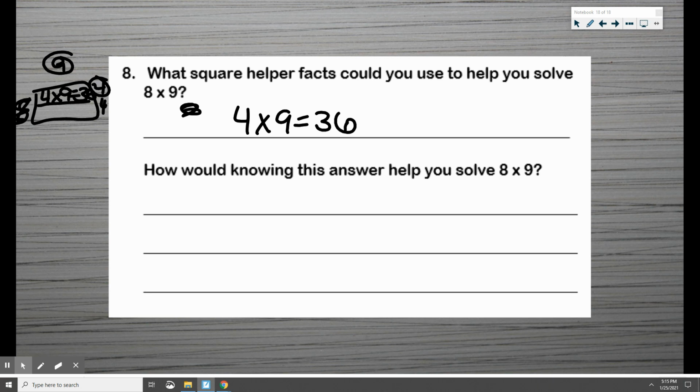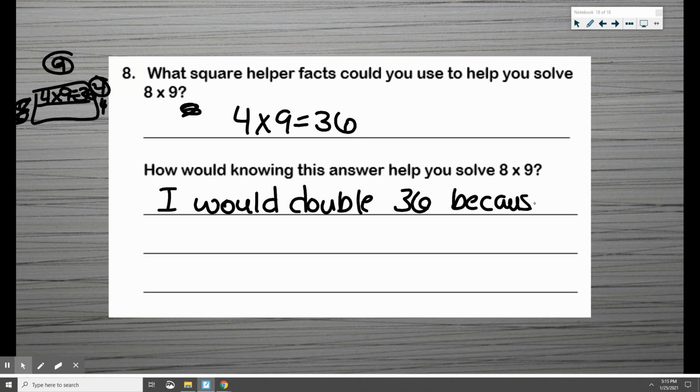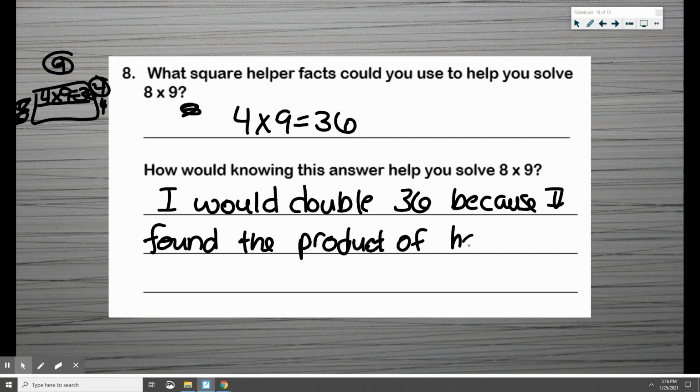Well, you could say I would double 36 because I found the product of half of 4. So that is one way to do it.